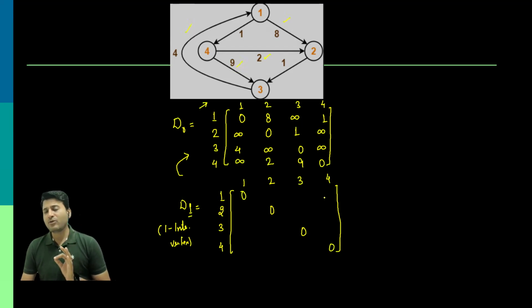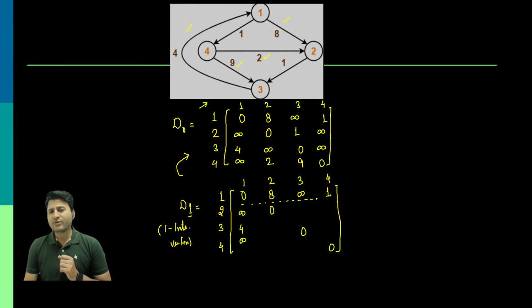If you see the first row, yes, 1 is already included, so directly the weights come out. I will write the direct weight from the previous matrix, because the first row and the first column already include vertex number one in themselves.